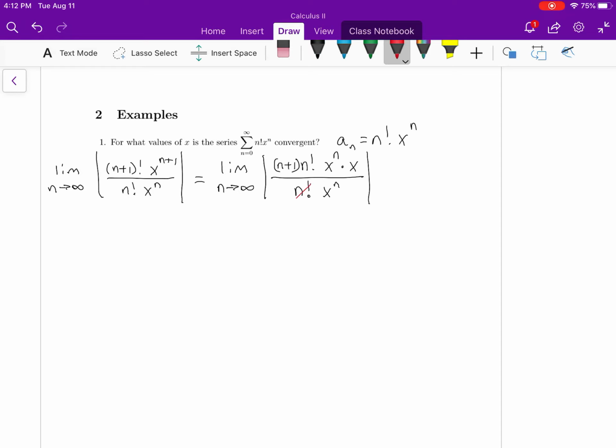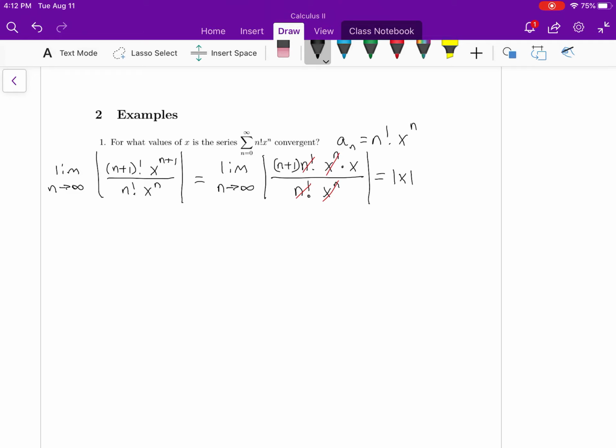The n factorials cancel out, the x to the n powers cancel out. I know that n is always going to be non-negative, so I could bring that outside of the absolute value. And I know that the limit is with respect to n, not x, so I could bring the absolute value of x outside the limit.